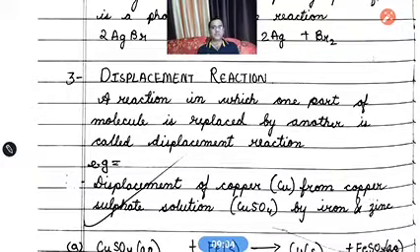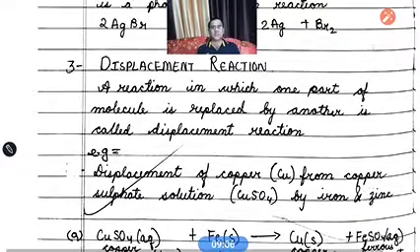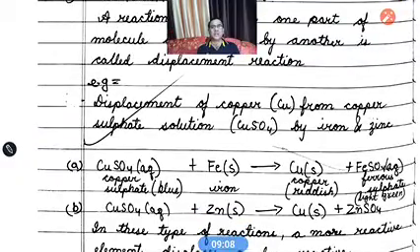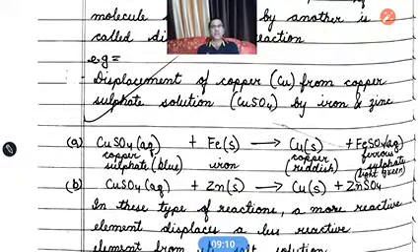See, with the help of an example, you can understand: CuSO4, copper sulfate, plus iron. In the reactivity series, iron is more reactive, and copper sulfate is the compound, in which copper is the element, but that is a weak element. You can understand better: suppose sulfate is the chair and copper is sitting on it.